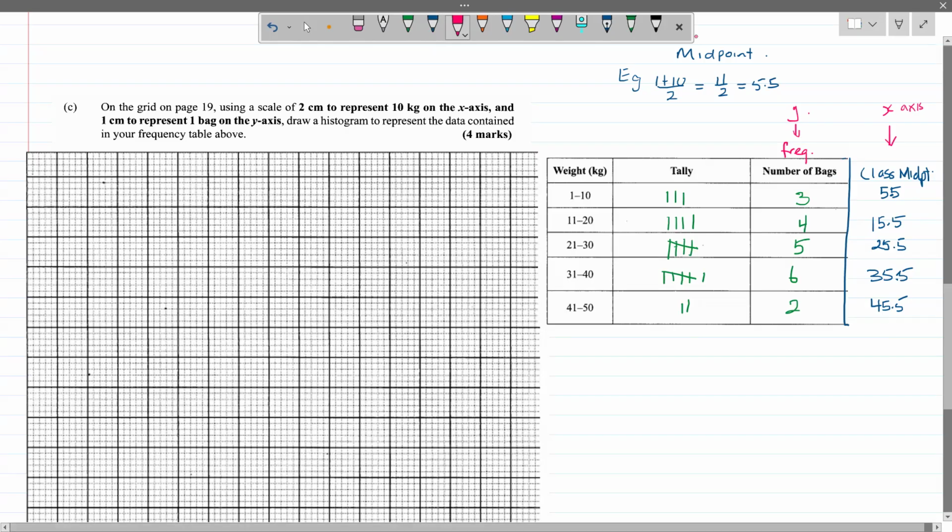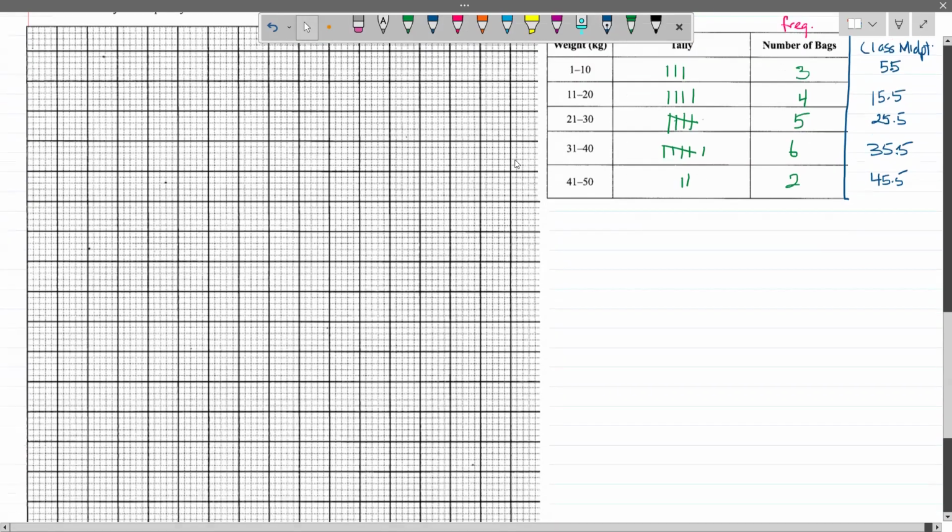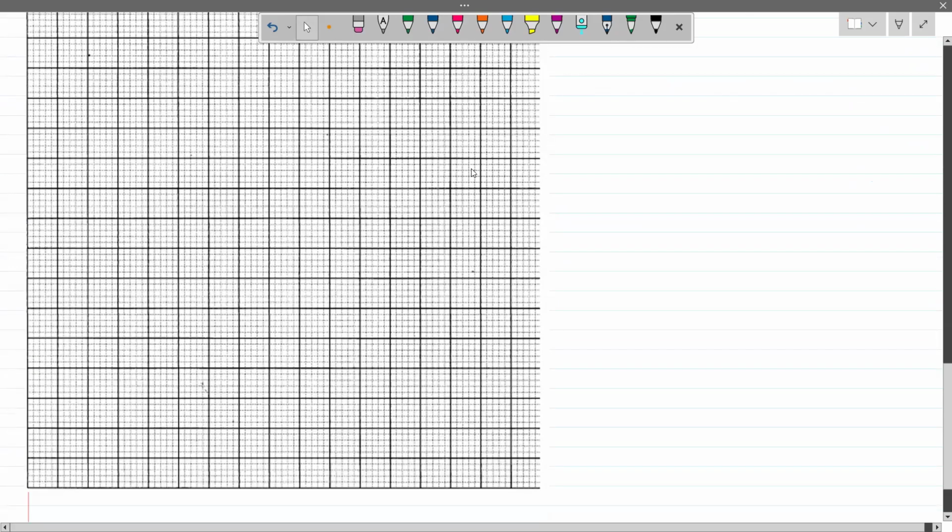So on our x-axis, we are going to represent 10 kgs by 2 centimeters.